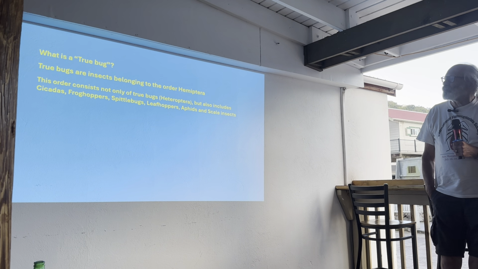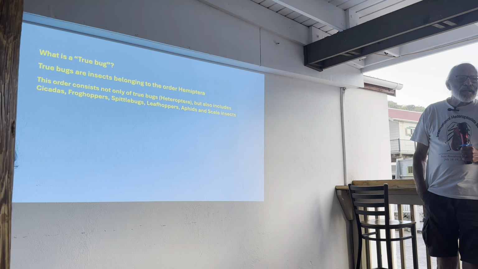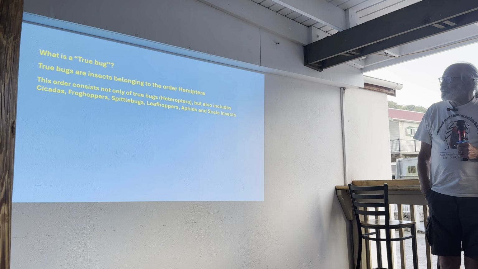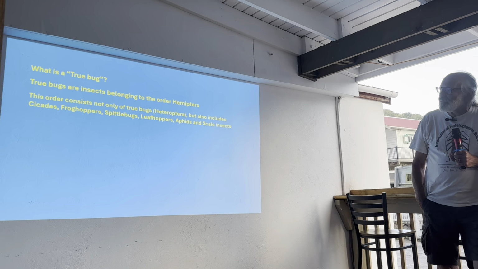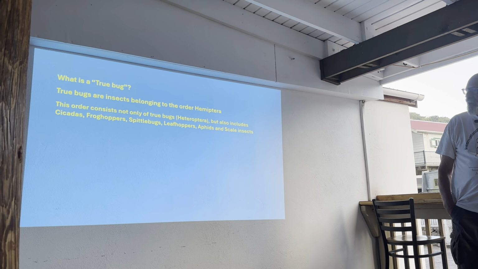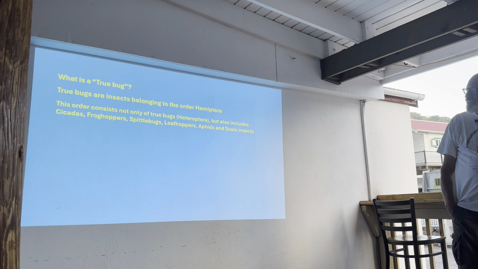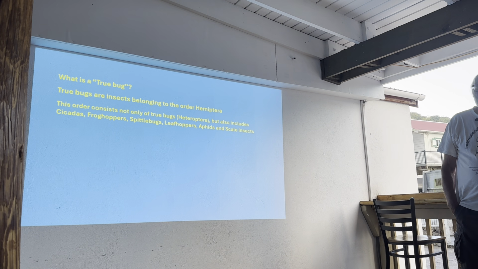This order consists not only of true bugs, but a lot of other groups. For instance, cicadas, frog hoppers, spittlebugs, leaf hoppers, aphids, and scale insects. The true bugs form the suborder of Heteroptera. They are also called head bugs.